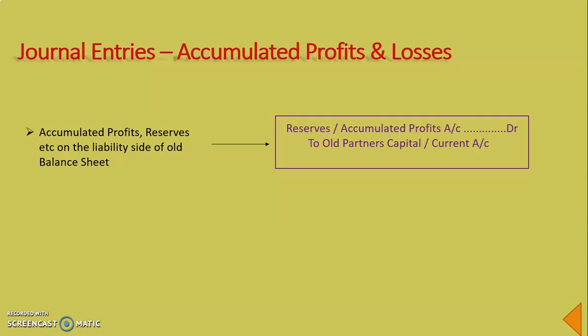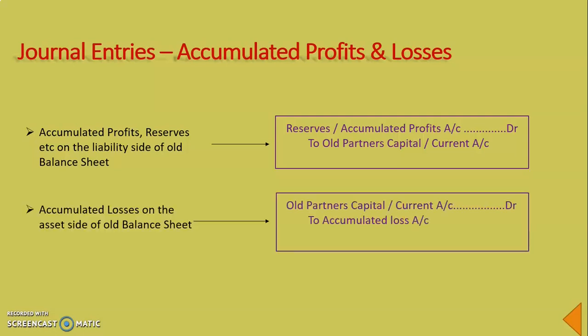So if there is general reserve, then general reserve account debit to old partner's capital account. And here we distribute that reserve among the partners in their old profit sharing ratio. If there are accumulated losses which appear on the asset side of balance sheet, then the journal entry is old partner's capital account debit to accumulated losses.